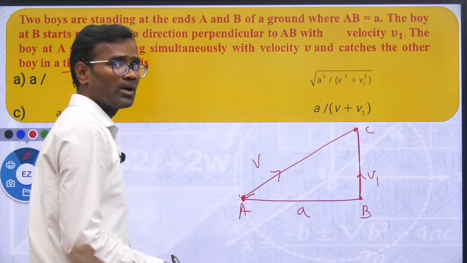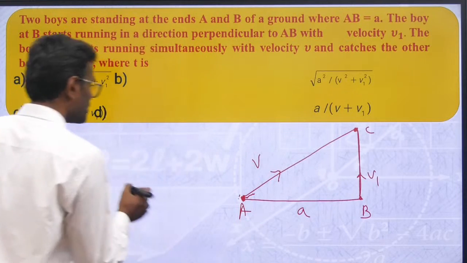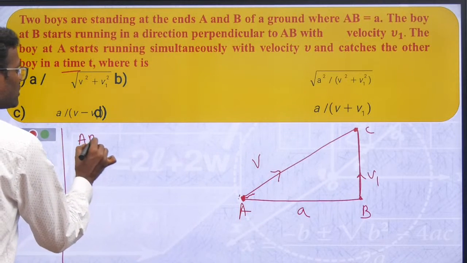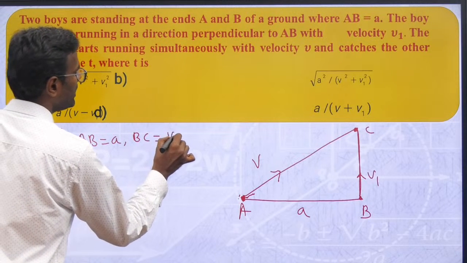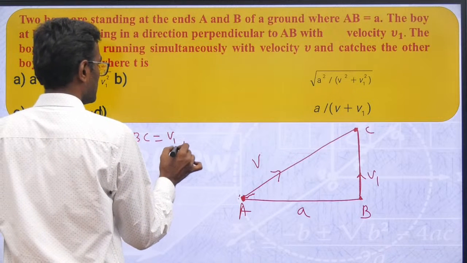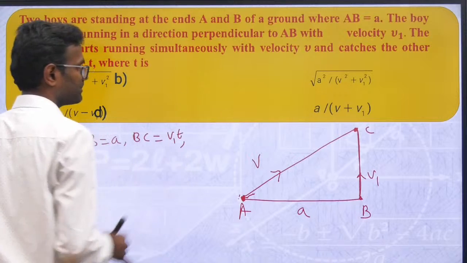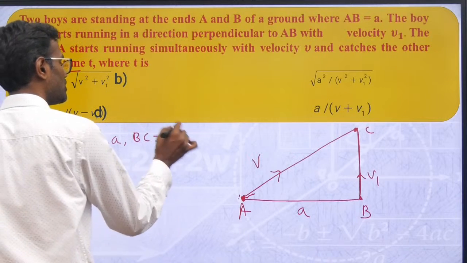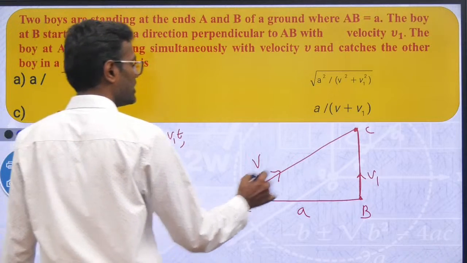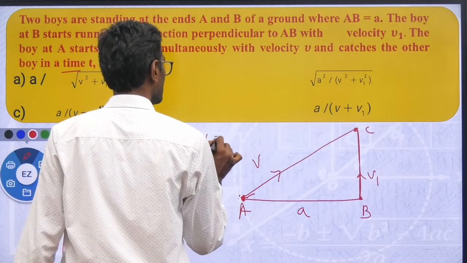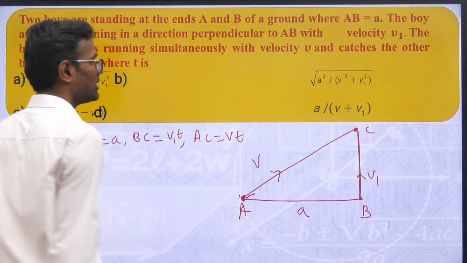Distance equals speed into time. So AB is equal to a, BC is equal to v1 into t. Next, AC is equal to speed into time. What is the speed? v. What is the time? t.